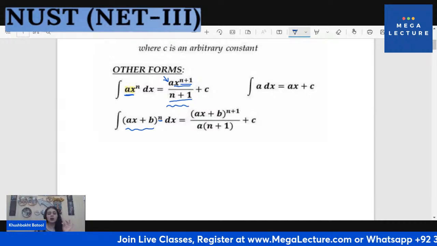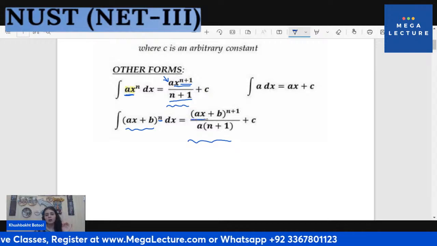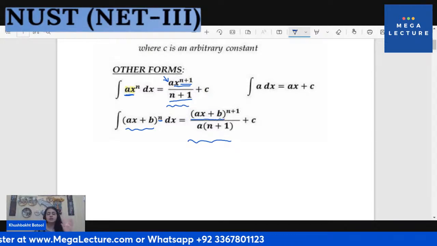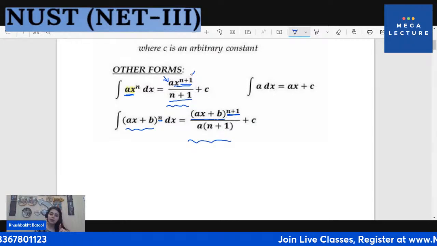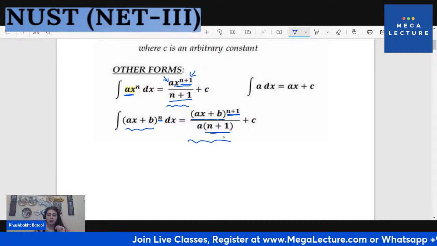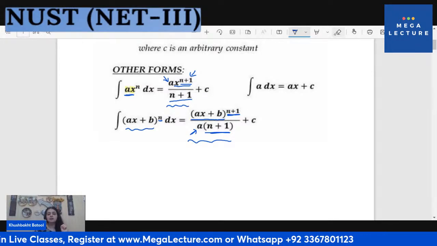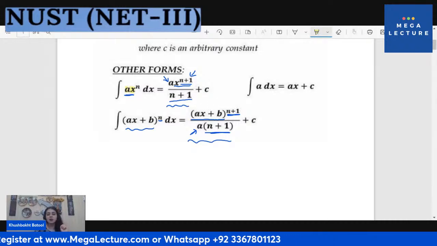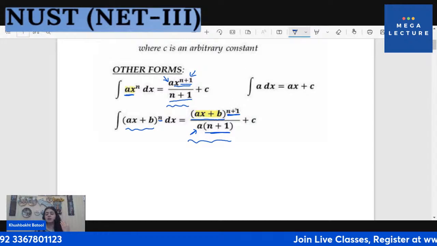So we are going to follow this fixed method for this case. You write down ax plus b as it is, just like we were writing down x as it is. You add 1 to the old power, just like we were doing it in case of simple x. You divide it by the new power, that is n plus 1. And what is this a? This a is basically the derivative of this bracket. You can have anything inside this bracket, so the derivative can be anything.